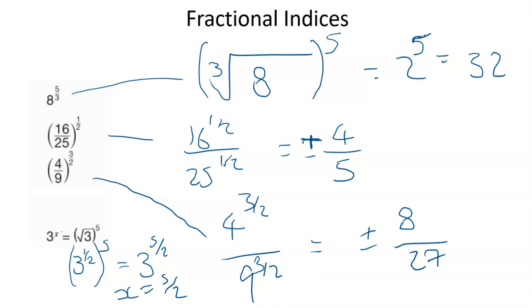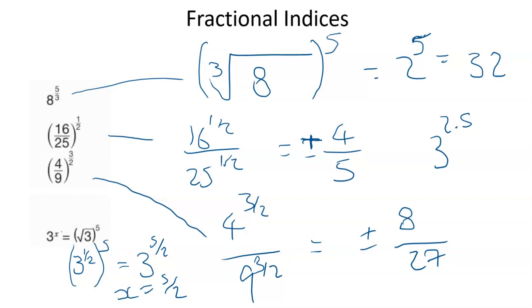It's really sensible to leave your powers as fractions. Don't be tempted to write things like 3 to the power of 2.5, because then it's very difficult to see the two different powers that are happening here, the power and the root. So it's much better to leave it as a fraction where possible.